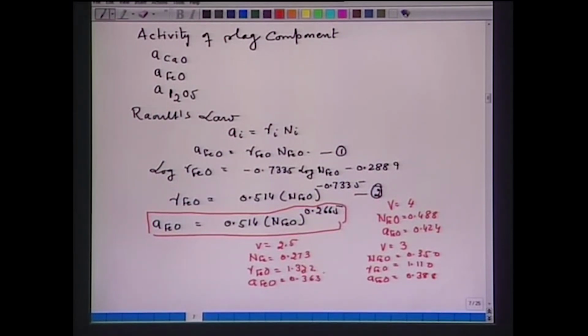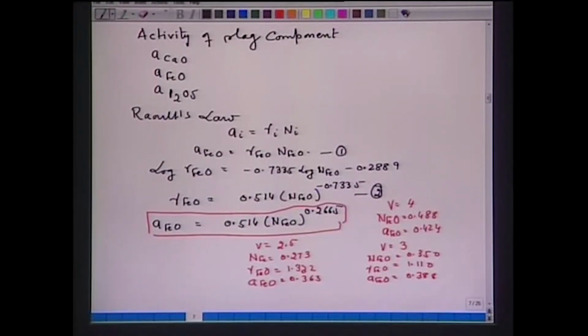Now, what does this calculation mean? This calculation means that in a CaO-SiO2 system, if the basicity of the slag, as defined by weight percent CaO upon weight percent SiO2, increases, then gamma FeO decreases, and the activity of FeO increases.